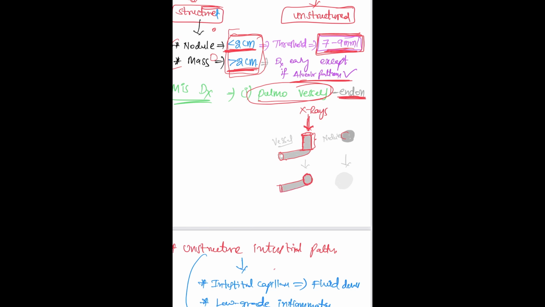The only way to differentiate the small structure, whether it is a pulmonary vessel or a nodule, is by observing the continuation of the small mass towards the lateral side, which is called the tail. Since it is a blood vessel, it will have the continuation, whereas that is not true for the nodule. The nodule will be localized to a certain area, and if the X-rays fall on it, it will show up like this.